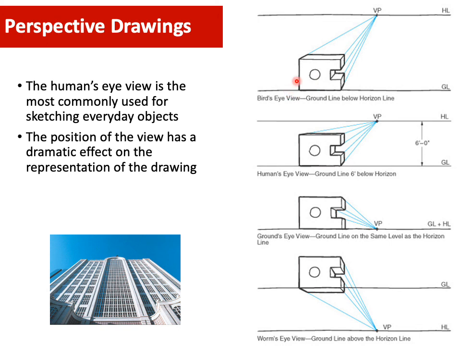This is a bird's eye view, this would be your eye view because the height is between 0 to 6 inches, this is a ground eye view seen from the top to below, and then there's a worm's eye view. It all depends on your VP. Make sure your VP is on your horizon line. The VP can't be on the ground line.